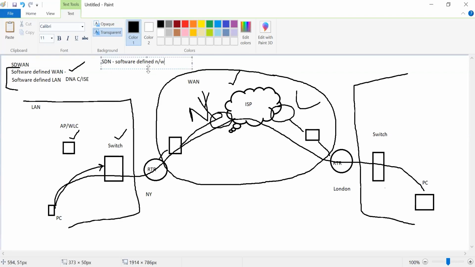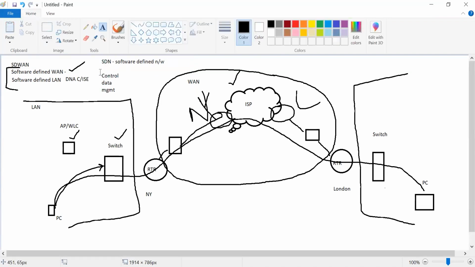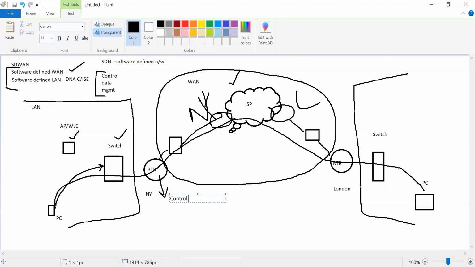So the concept of SDN is to separate different planes. For example, control plane, data plane, and management plane. Now, why do we want to segregate these planes? For efficient working of the devices. Because if you see in legacy networking, a router handles all these planes: control plane, data plane, and management plane.